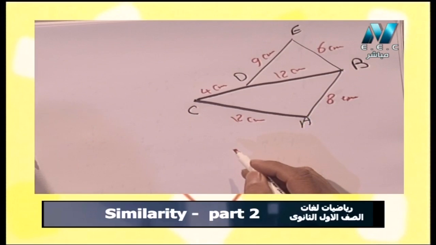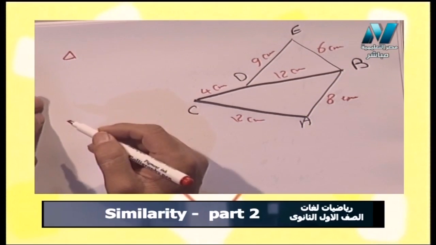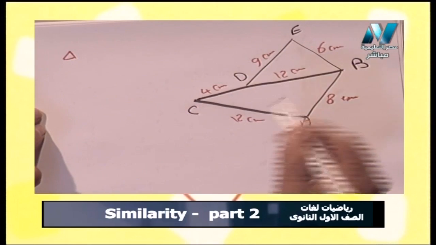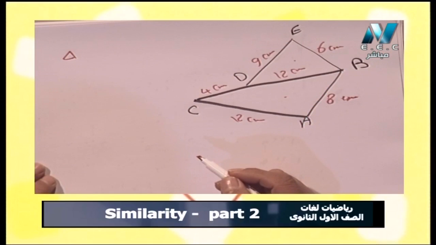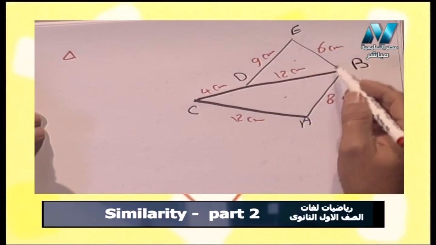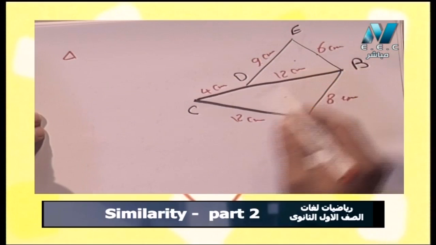Okay, we try to prove that the two triangles are similar, this one and this one. We put the sides of the first triangle from the smallest to the greatest, so we put 6, 9 and 12.